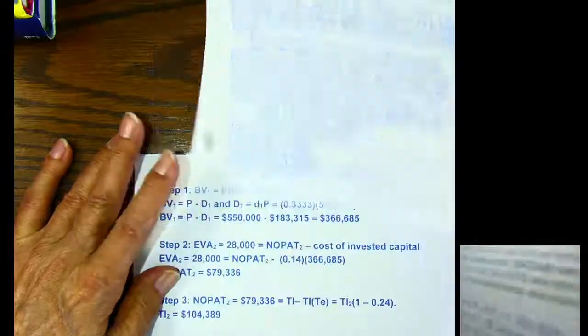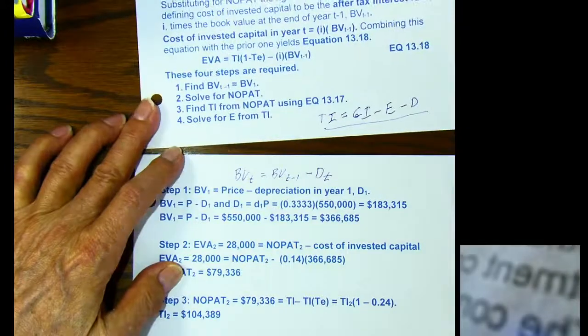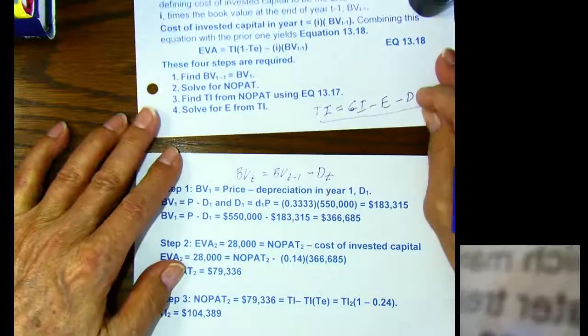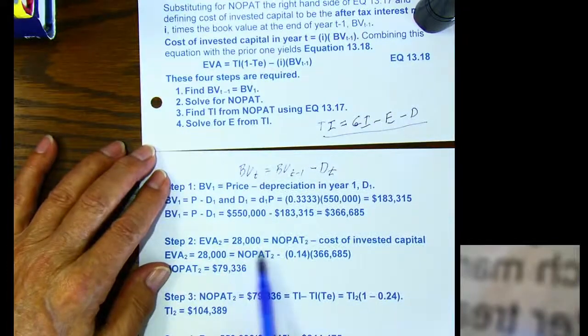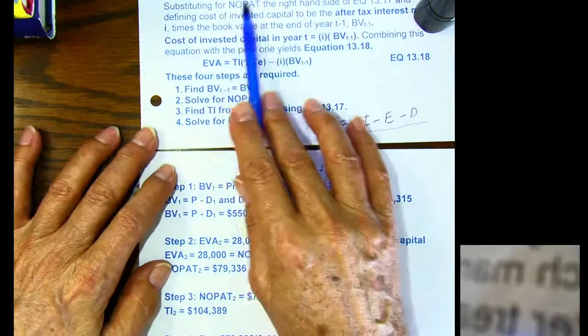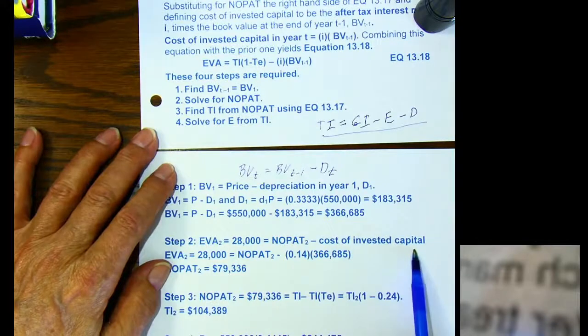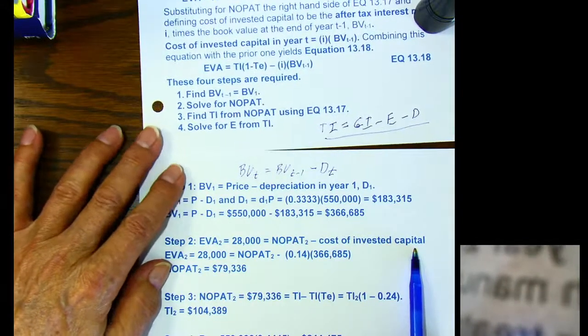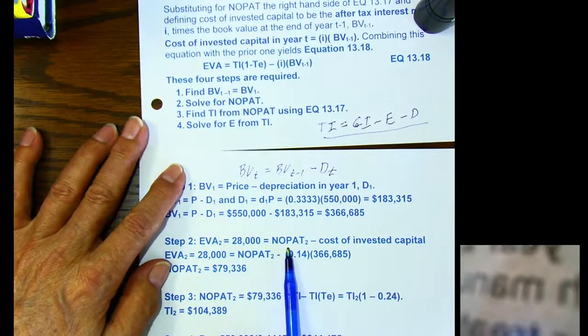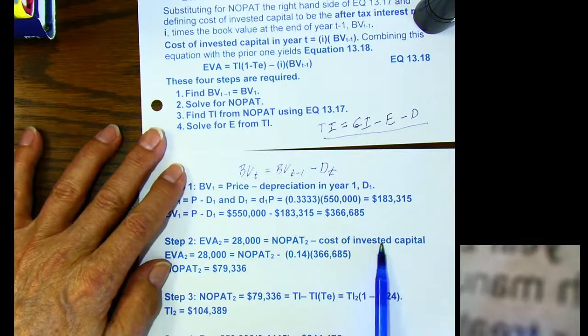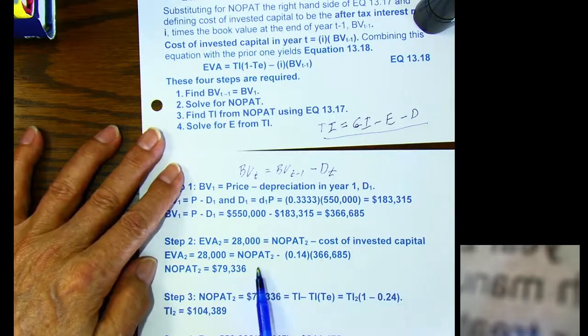So EVA2 is 28,000, which is NOPAT minus cost of invested capital. So we have 28,000, which is NOPAT for year 2, minus cost of invested capital.